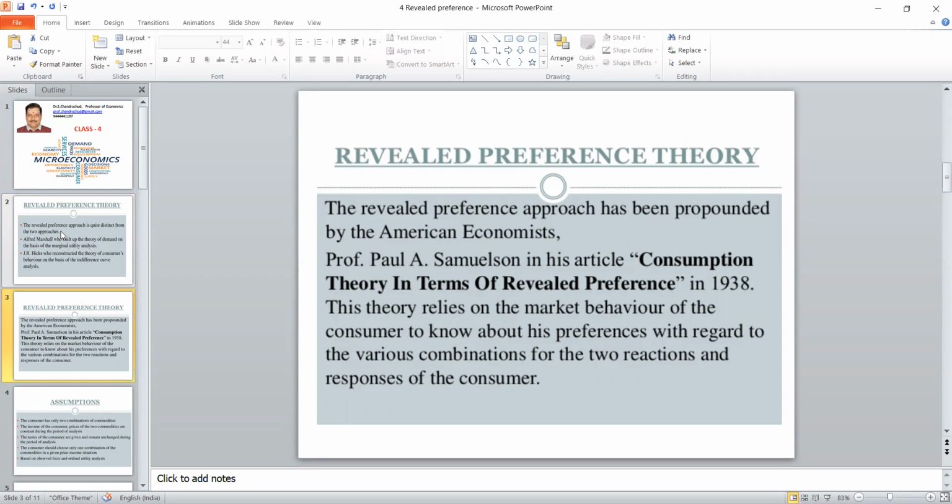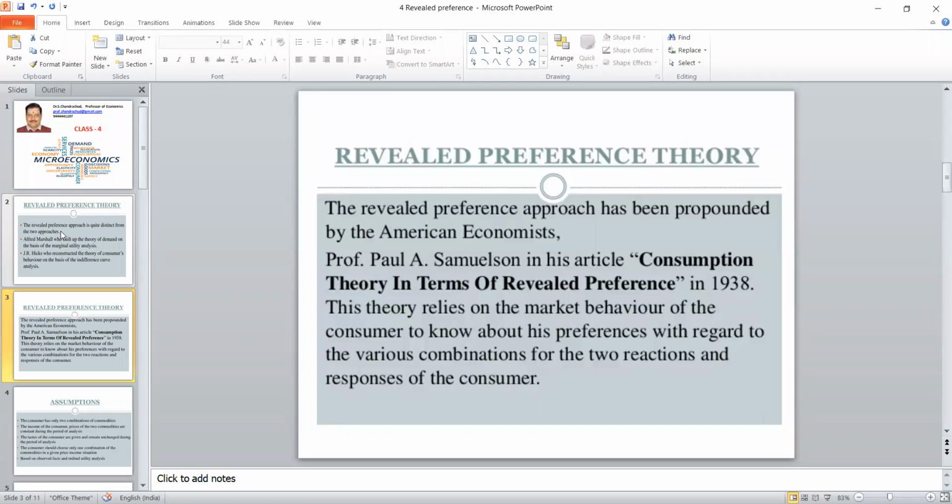The revealed preference approach emerged from the American economist Professor Paul A. Samuelson. He wrote an article named Consumption Theory in Terms of Revealed Preference, in 1938.